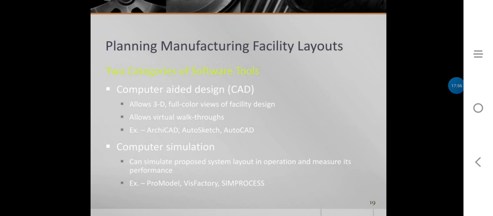These are examples of CAD tools, and also computer simulations such as ProModel, VisFactory, and SimProcess. Those are some of the tools or software we can use to design and implement facility layouts.